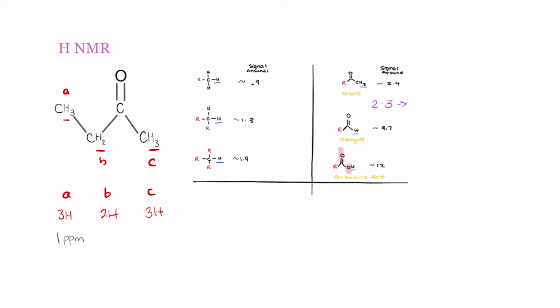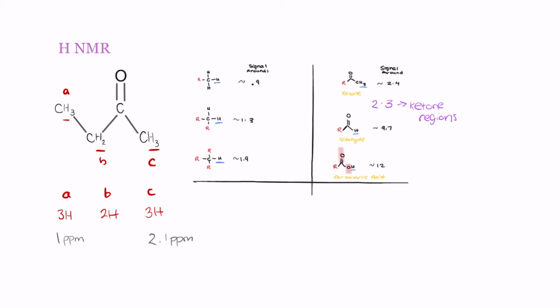I like to call this the ketone region. And sure, other things can pop up here too, but mostly you're going to see ketones. So signal C is a perfect ketone, and we might see this signal early on, maybe around 2.1 or 2.2. So let's write that in. We'll see it around 2.1 ppm.